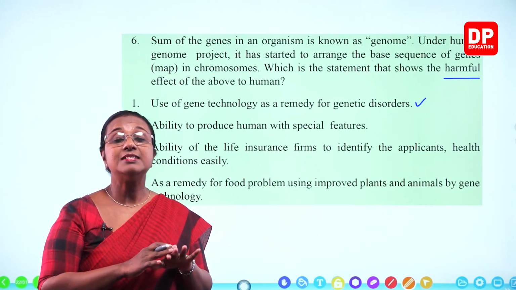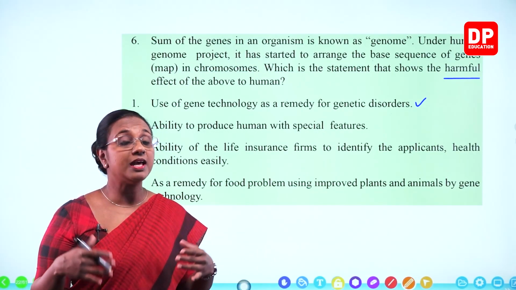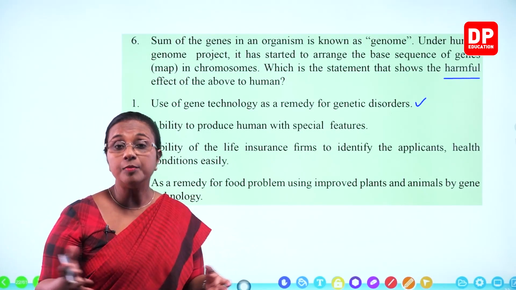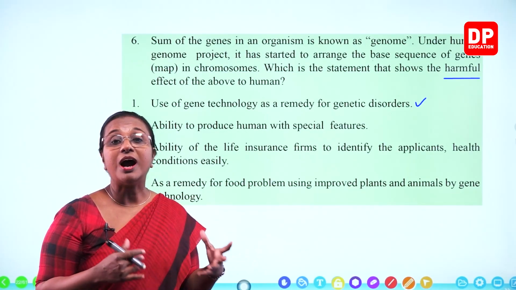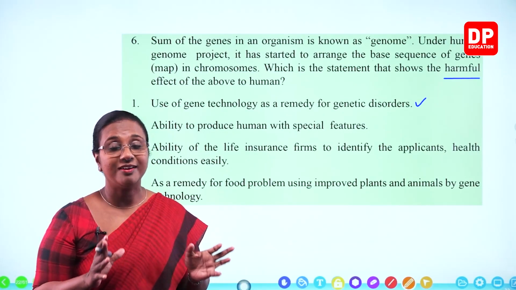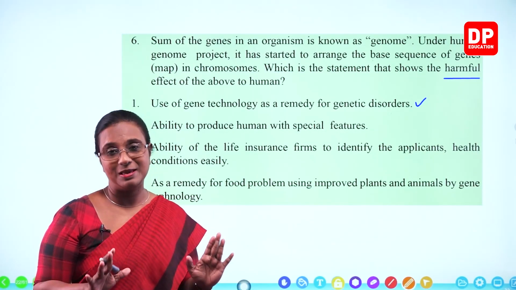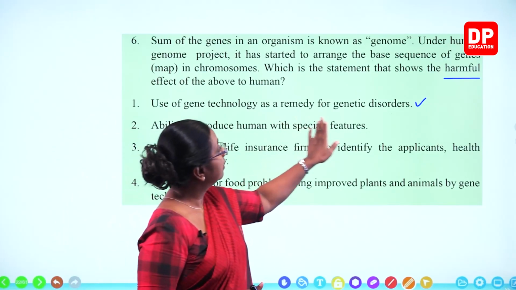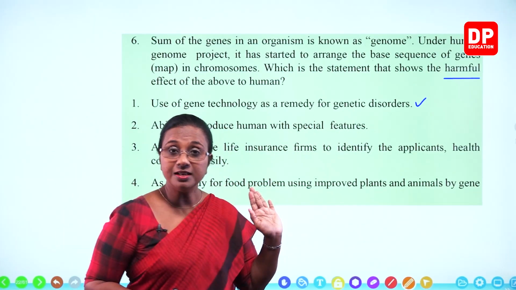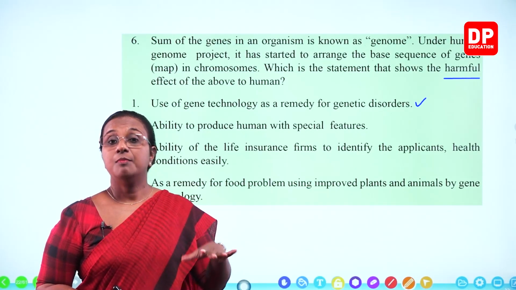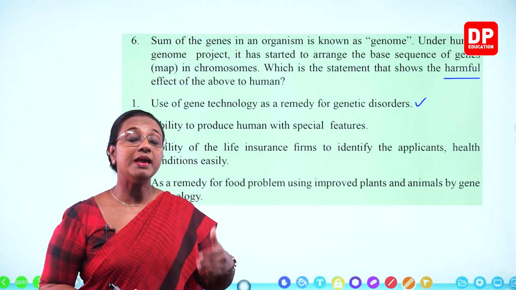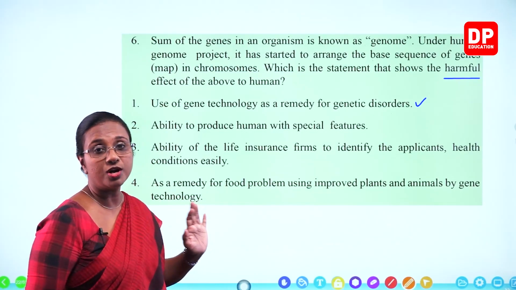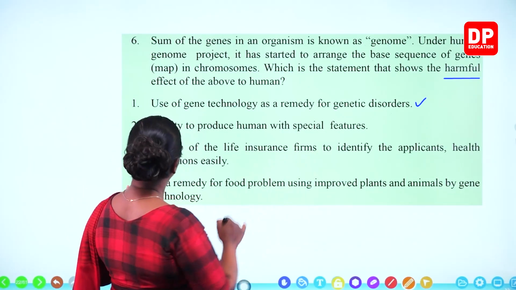But that will disturb the balance of the environment, as well as it can lead to so many social and ethical problems as well. So you can't have super people. You can have the normal people with the normal genes. But one thing, if there is a remedy for genetic disorders, that is fine. But you cannot try to make the person better, having special features. That is not good. So this is a harmful effect.